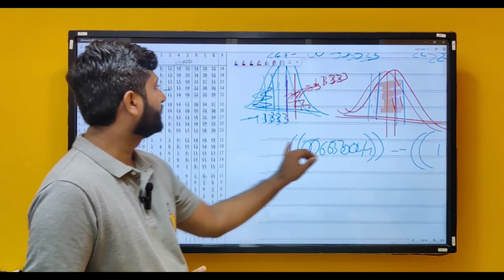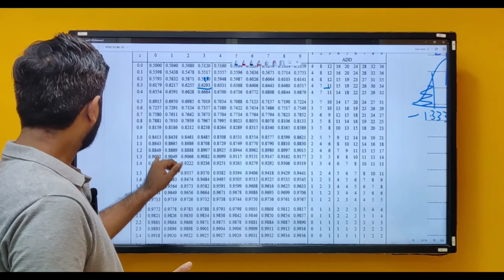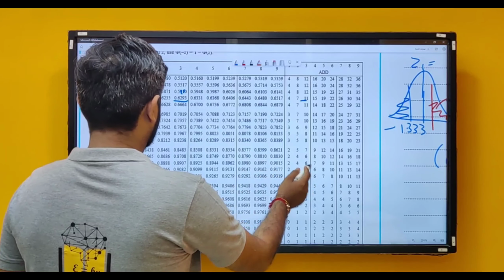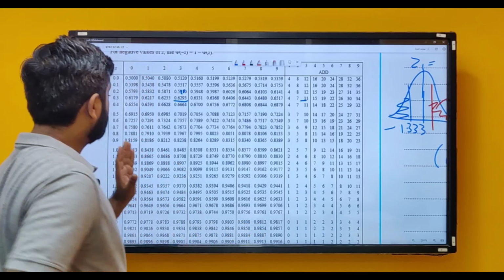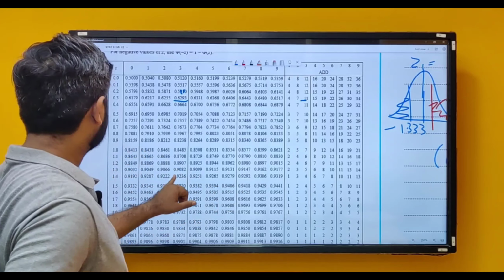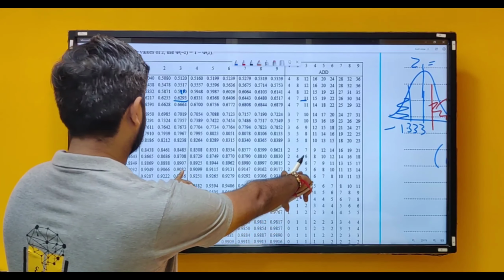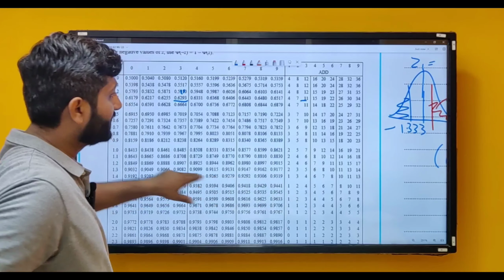So let me find the probability of 1.333. So I have 1.33, which is 0.908 plus 3. So 0.908, 1.33, and I have 3, which is 5. So 0.9087.